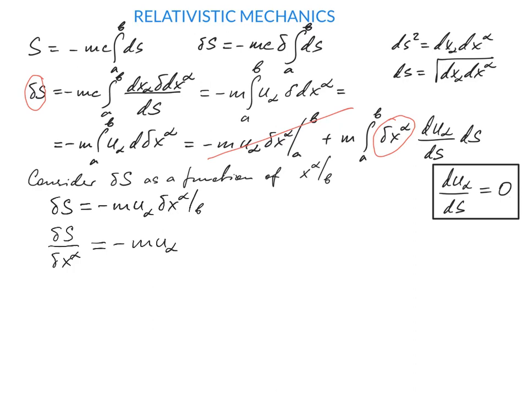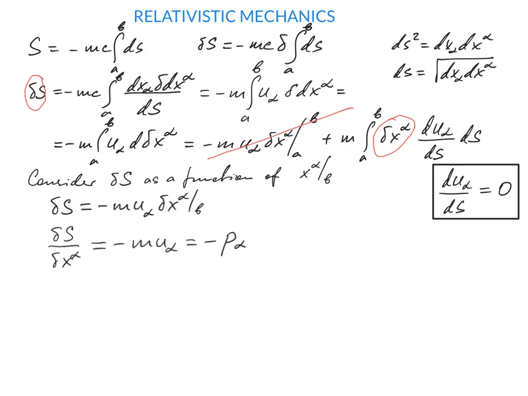It is a covariant vector. Now, it's nothing other than the 4-velocity times mass. But we can call it p_α. And we can identify it as a 4-vector that contains in itself both the energy and the momentum of the particle.